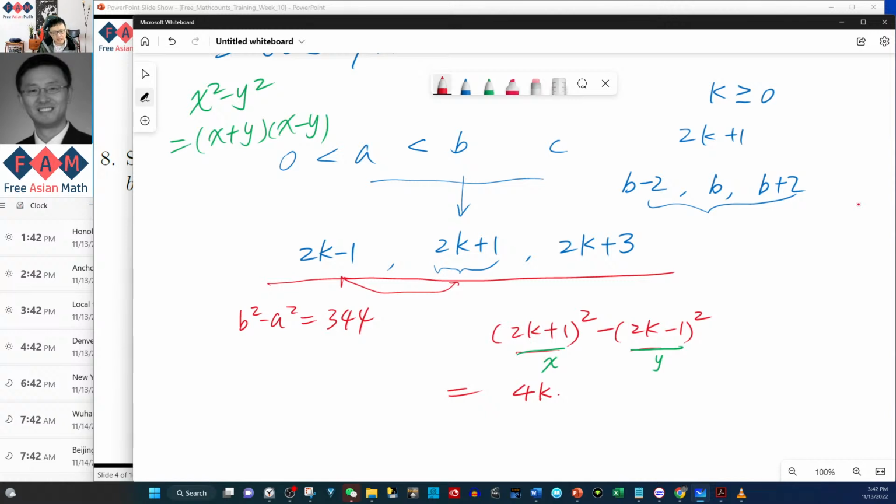The second one is x minus y: 2k plus 1 minus 2k plus 1. You should be very good in basic algebra. You immediately recognize that without writing it on paper. In your mind, you should know this. Because in this case, what you really need to do is just cancel out 2k minus 2k, they're gone. 1 minus a minus 1 there.